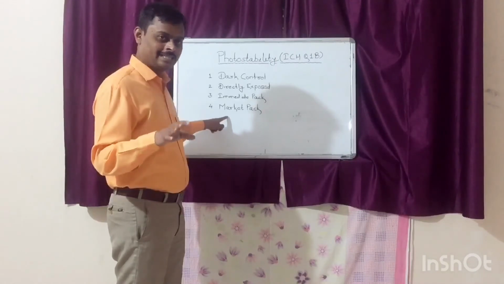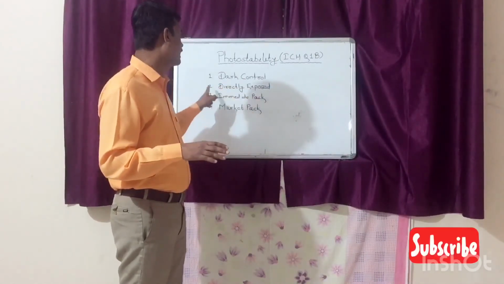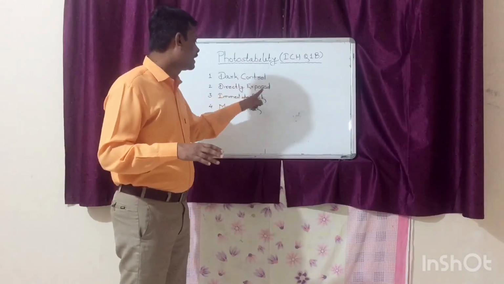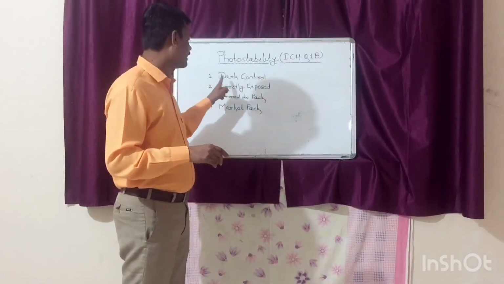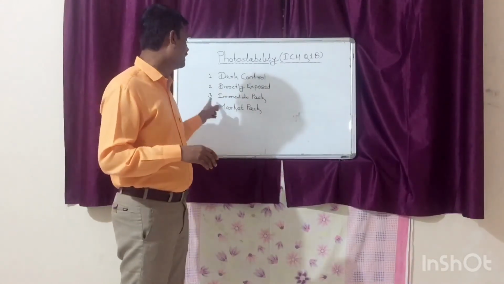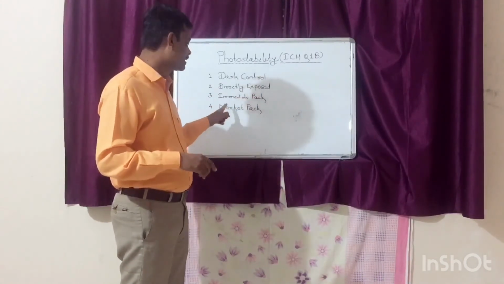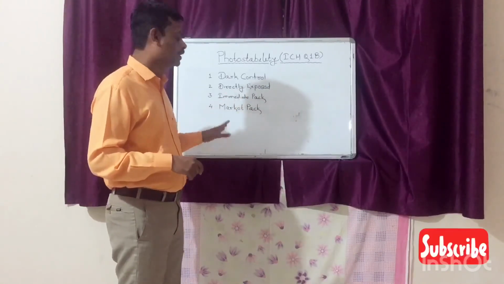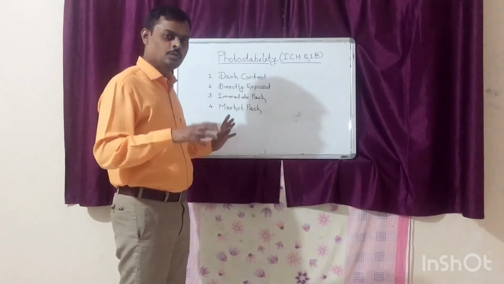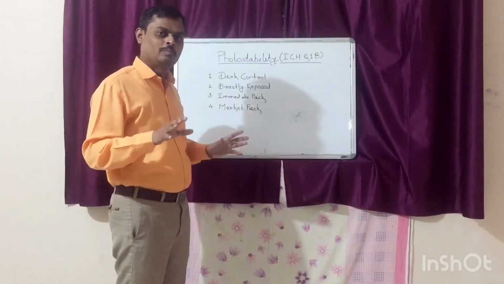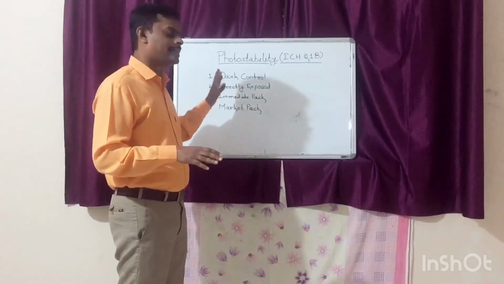Or in this case, if the initial study indicates that your material is light sensitive, that is directly exposed samples are not meeting the specification limit, in that case you can directly analyze the immediate pack samples and market pack samples to confirm whether your redesigned packing configuration is able to protect your drug from light exposure or not.